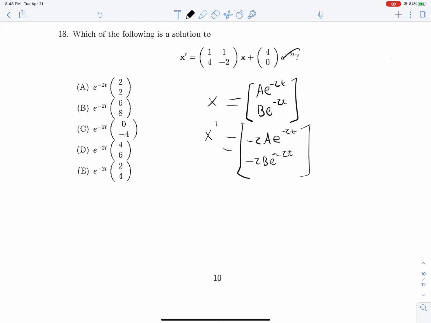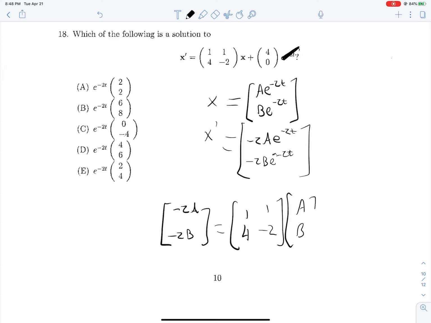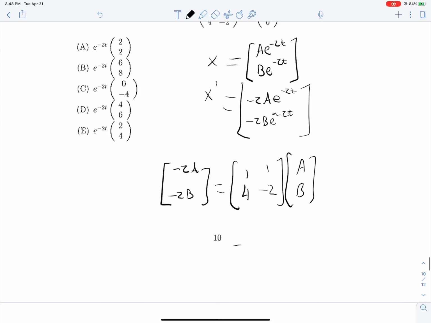So I'll divide that out from everything and just act like it's not there. So we have (-2a, -2b) equal to [[1, 1], [4, -2]] multiplied by (a, b). So we can say that negative 2a is equal to a plus b.